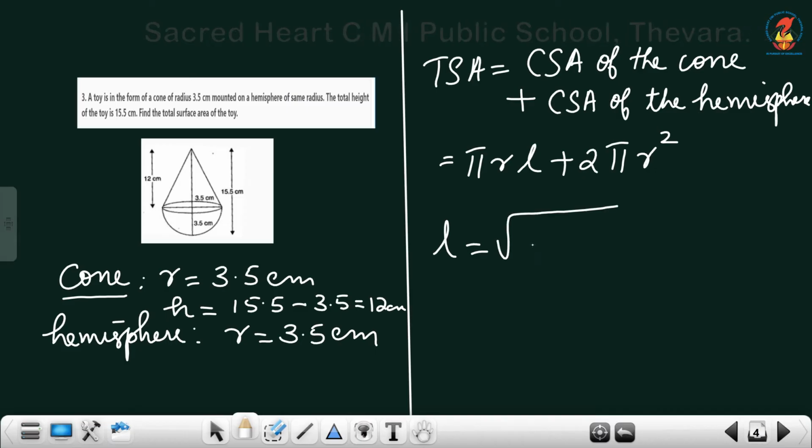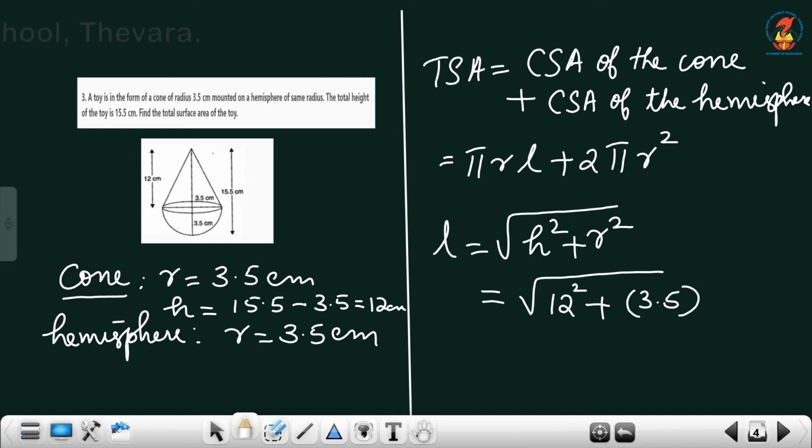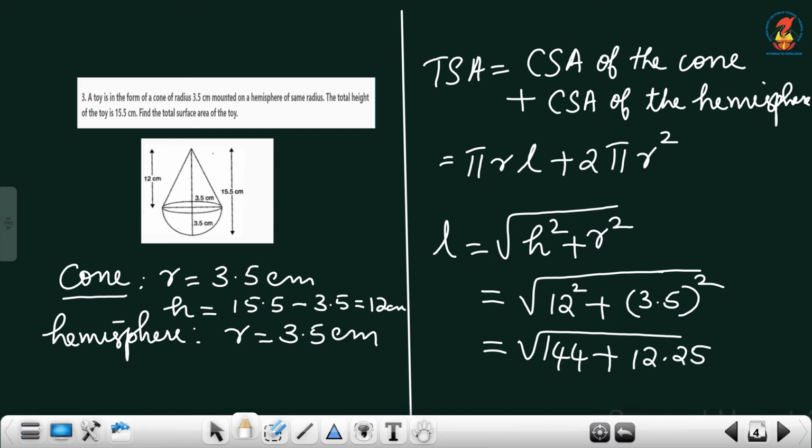L is equal to root of h square plus R square. That is root of 12 square plus 3.5 whole square, which is root of 144 plus 12.25, which is equal to root of 156.25.